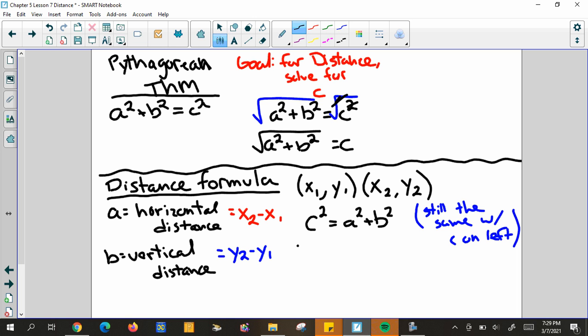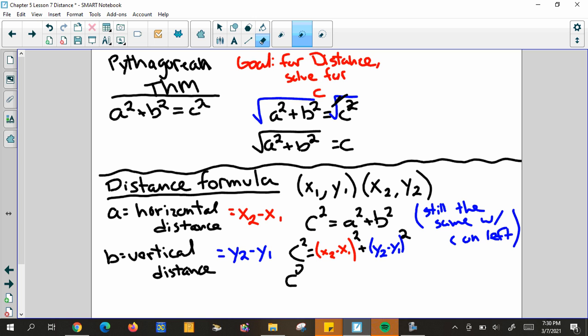Now, if I substitute the x2 minus x1 for the A and y2 minus y1 for the B, this is how I find what A and B actually are. And then in the very last step, we're going to take that piece and take the square root.